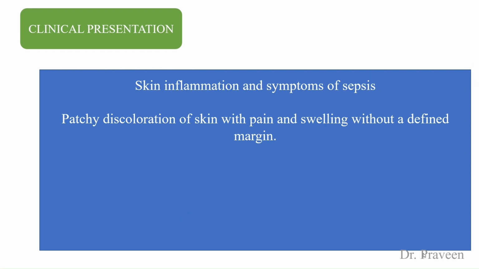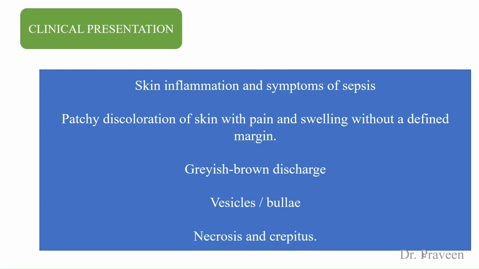Patchy discoloration is considered a classical presentation of the initial stage of necrotizing fasciitis. Grayish brown discharge, sometimes in the initial stage vesicles and bullae are seen, and necrosis is seen and crepitations are felt on palpation.